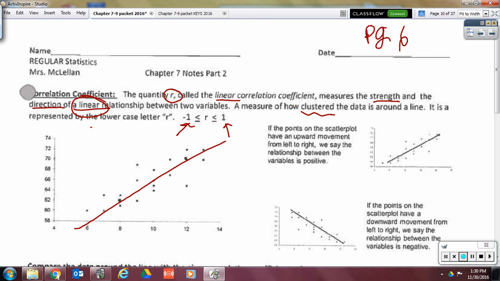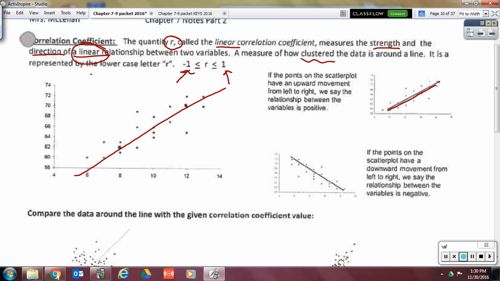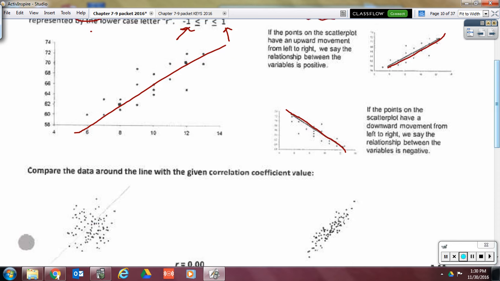If you point up to the right, then you have a positive correlation. If you point down from the left, then you have a negative correlation. And I'm sure you've seen the no correlation ones. The no linear correlation ones just look like they don't really have much pattern going on.